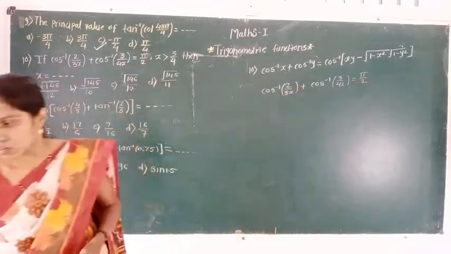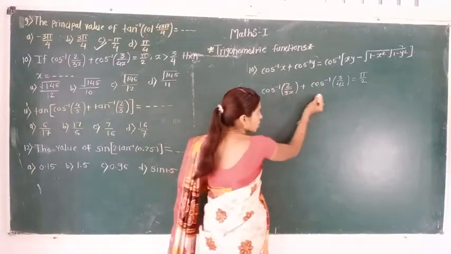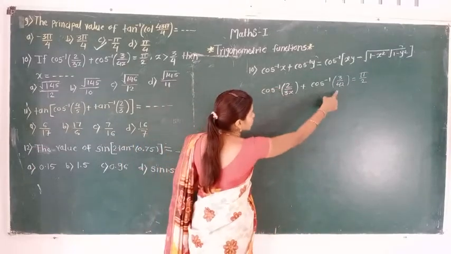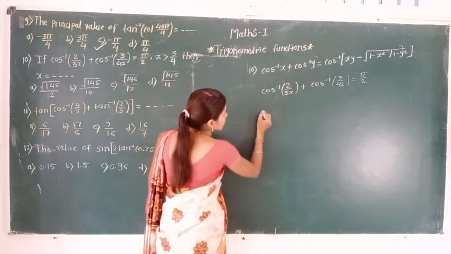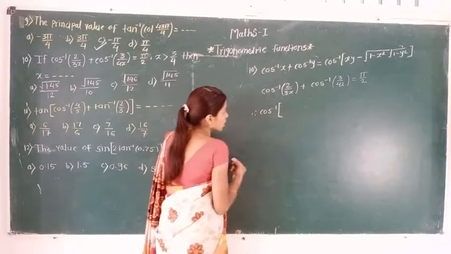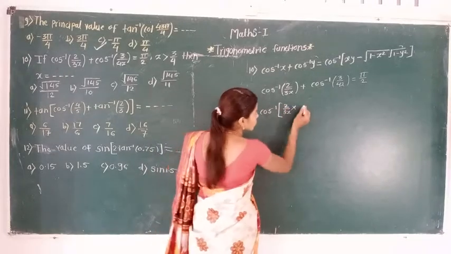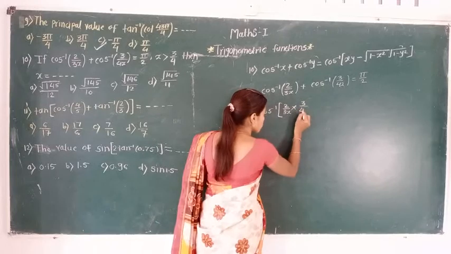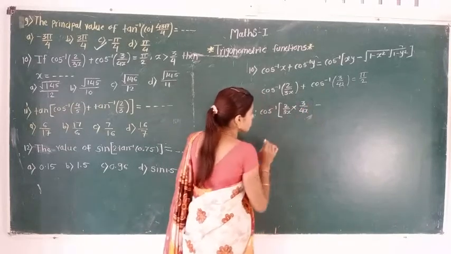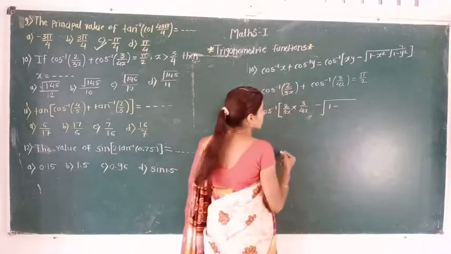Okay. Now see, in this problem here x is 2 by 3x and y is 3 by 4x. So put these values of x and y in this formula. We get cos inverse of the bracket, x is 2 by 3x multiplied by y is 3 by 4x, minus the square root of 1 minus x square.